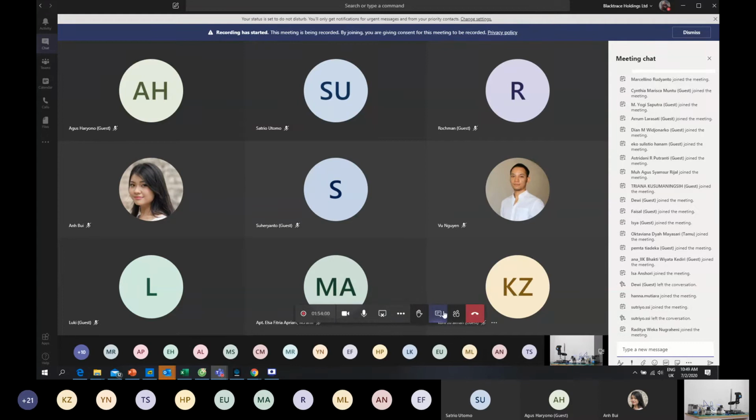By using the chat box function in here, you can type in the question. I will try to answer if the question is short because we have 10 to 15 minutes in the Q&A section.